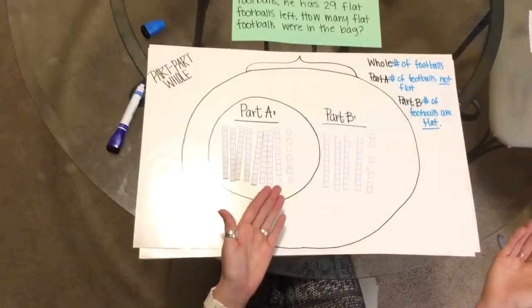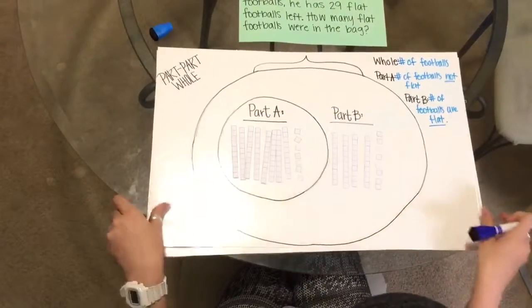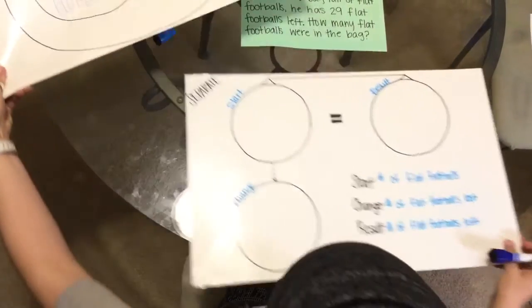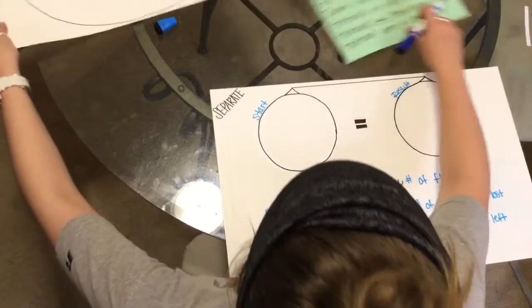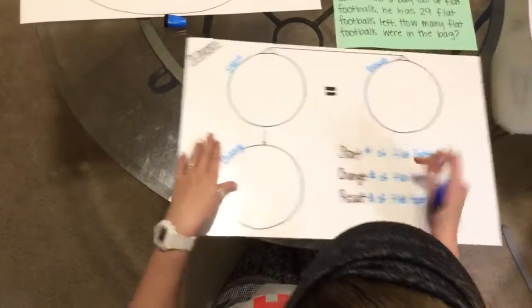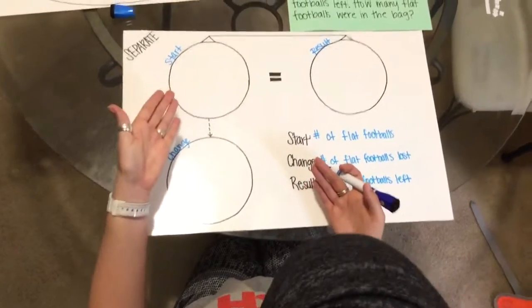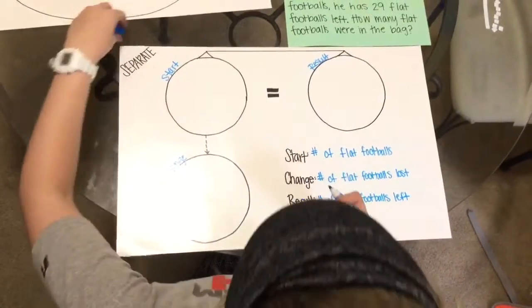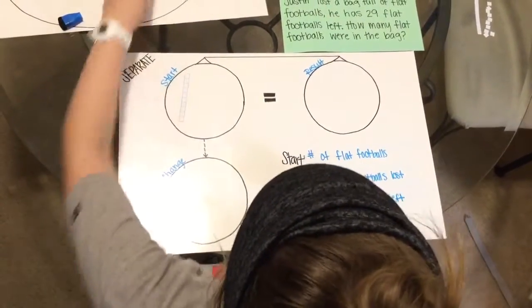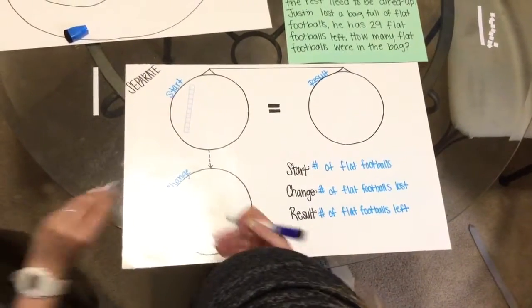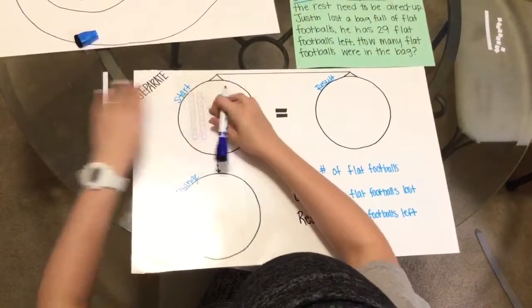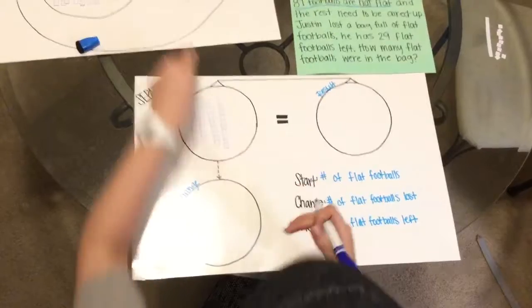So now let's go look at our separate problem type. So our start is the number of flat footballs, which we just found using our part-part-whole, is 48.